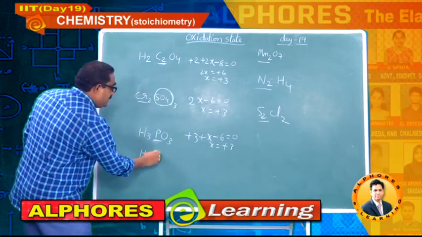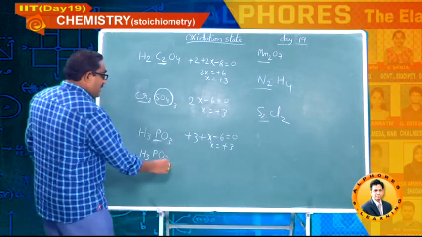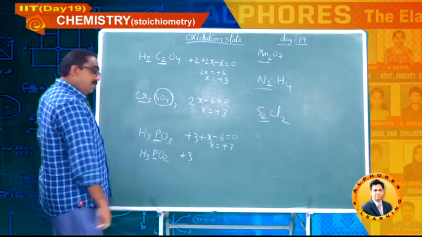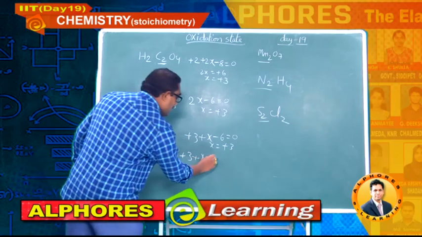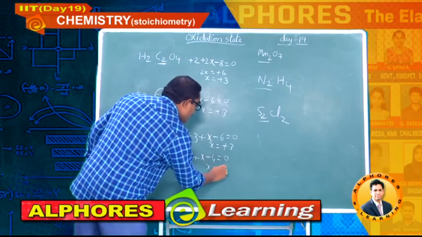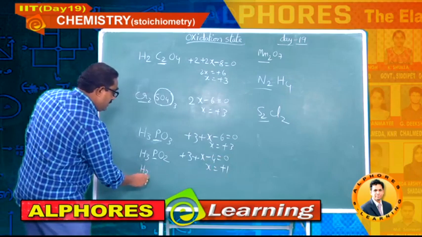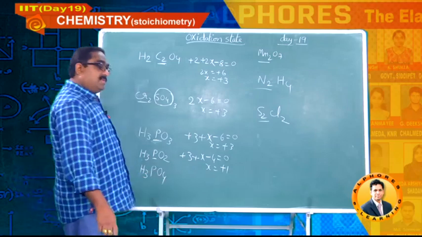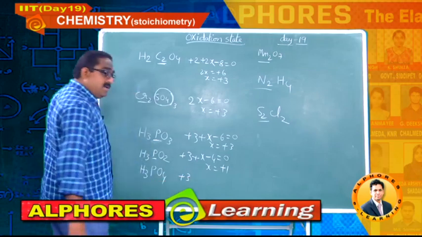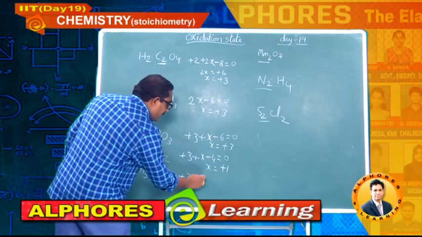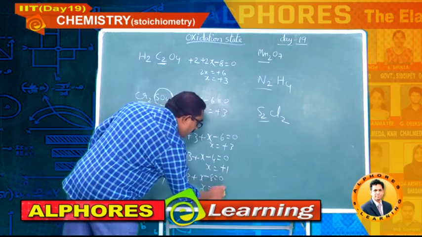If you go for H3PO2, hypophosphorous acid, for 3 hydrogens plus 3, for phosphorus x, for 2 oxygens minus 4, equals to 0, x equals plus 1. Similarly, H3PO4, phosphoric acid: for 3 hydrogens plus 3, again phosphorus x, and 4 oxygens minus 8 equals to 0, so x equals plus 5.